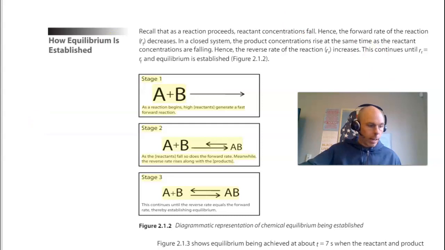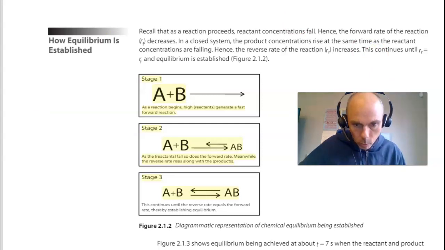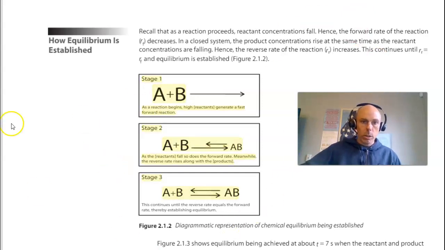As we look at this diagram here on page 101 of our physical textbook or 109 of our ebook, we're looking at a system where reactants A and B form a product AB. It's a synthesis reaction here. If all there is to begin with are reactants A and B, then the only possible reaction would be the forward reaction.